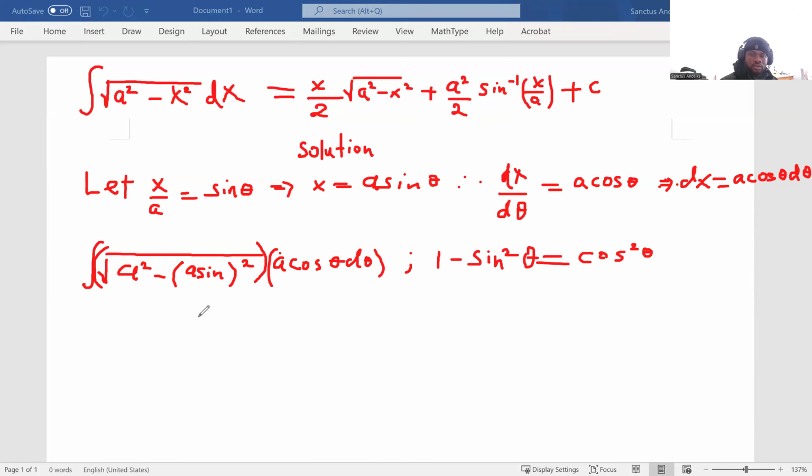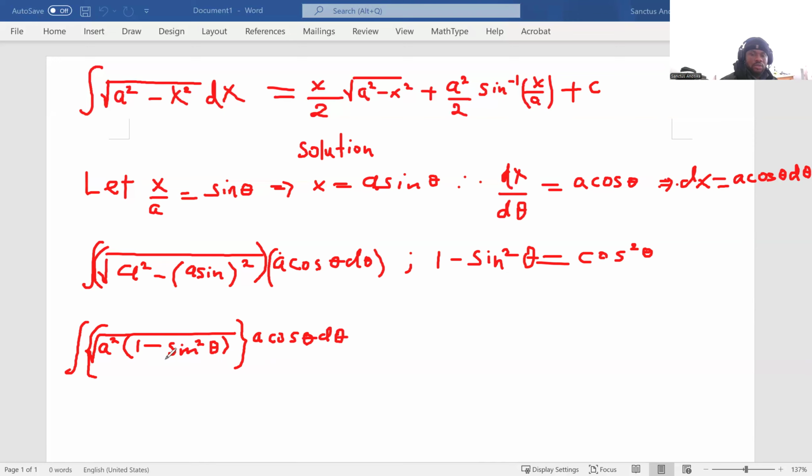I'm going to have the integral of the square root of a squared, let me use a curly bracket here, times 1 minus sine squared theta, then a cos theta d theta. I hope we are following.